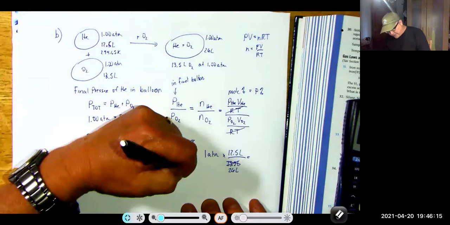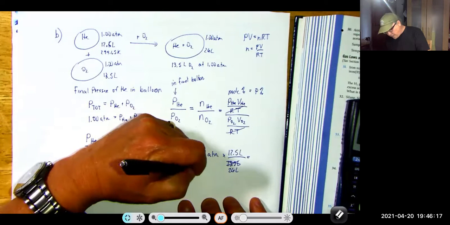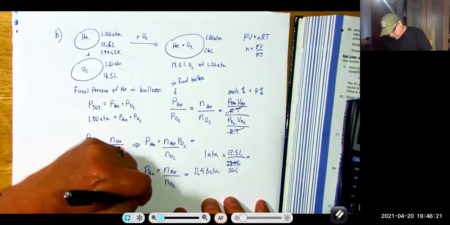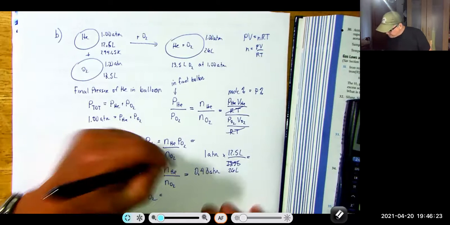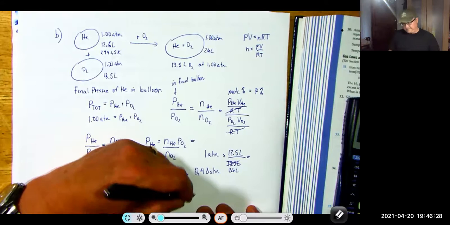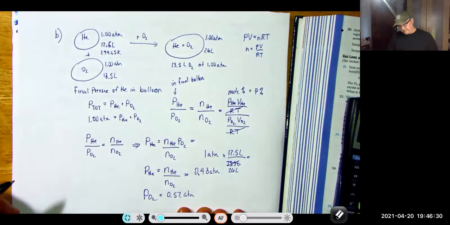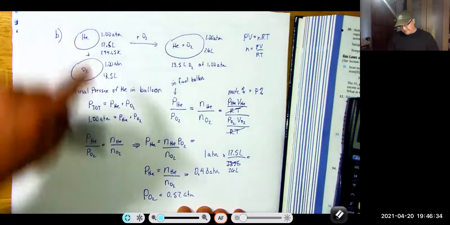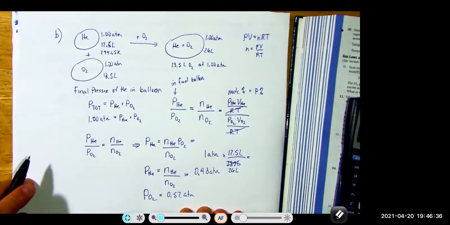So the pressure of helium is going to be 0.48 atmospheres, and the pressure of the O2 is going to be 0.52 atmospheres. And that kind of makes sense because you've got more oxygen than you have helium, but just a little bit more.